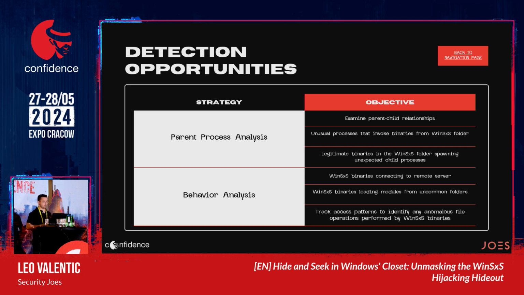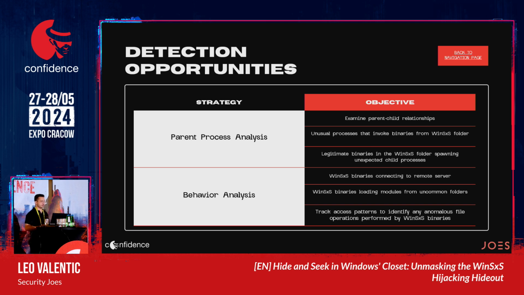Check for unusual processes that invoke binaries from the Windows side-by-side folder. This is useful if you have your custom set of rules, or if you are providing SOC services. Check up on this method and see what would be your triggers to catch this activity. It would be a cool rule to have as a security operations center.